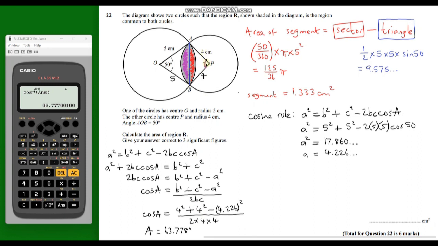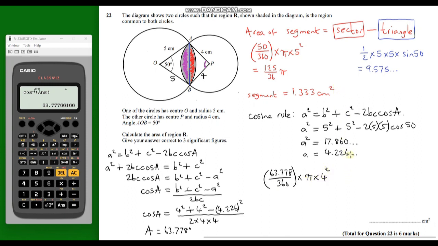So now we've got A, we can do exactly the same thing as we did for the red segment. We can do the same for the purple segment. So it's going to be the sector minus the triangle. So the sector, well, that's going to be this angle here, 63.778 over 360, and then times pi r squared, so times pi times 4 squared.